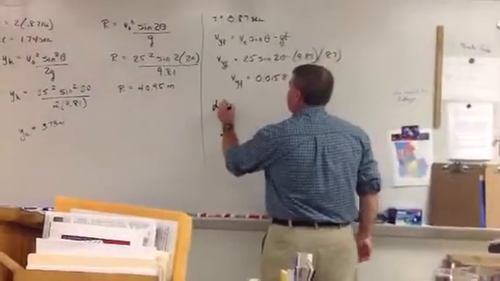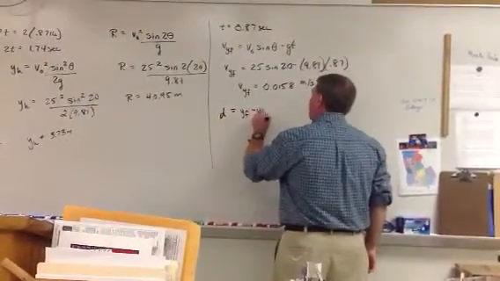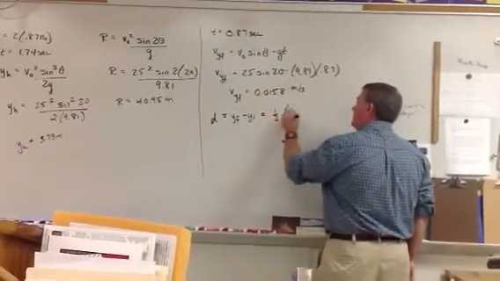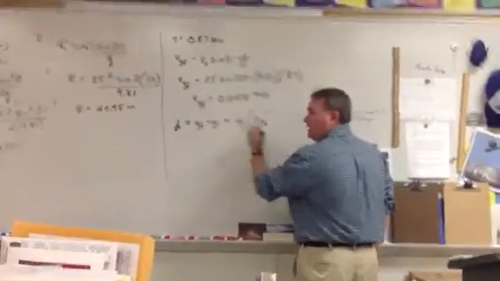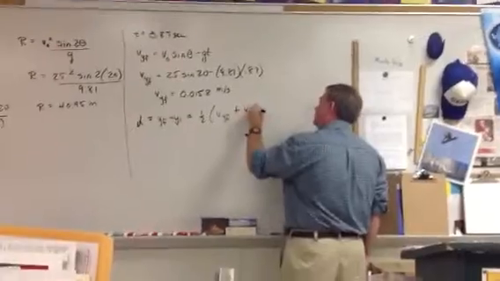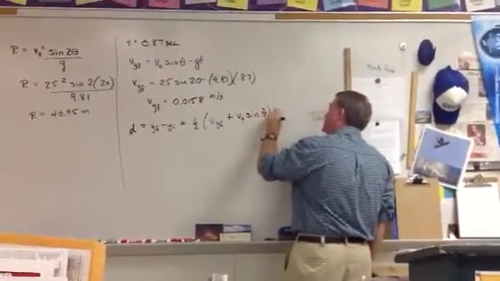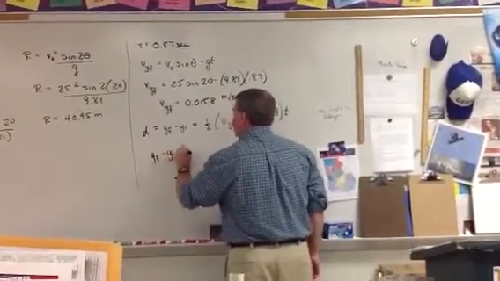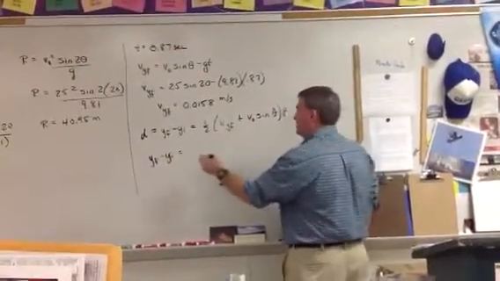So the distance, yf minus yi, is equal to 1/2 times Vyf plus V naught sine theta, times time. Yf minus yi is the change in height, which is just the distance.